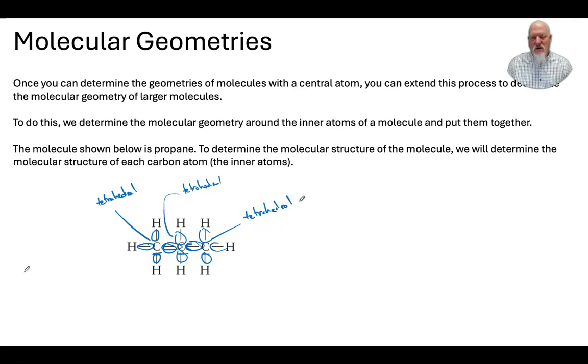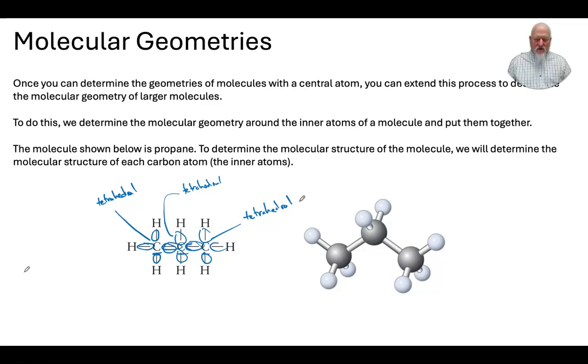If we want to show this, we could draw it, or we can look at a ball and stick model. We can see that the carbon on the left has the 3 hydrogens, 1, 2, 3, and then the bond to the middle carbon. And this is the middle carbon. It's got a bond to the carbon on the right. It's also got bonds to 2 hydrogen atoms, right here and right here.